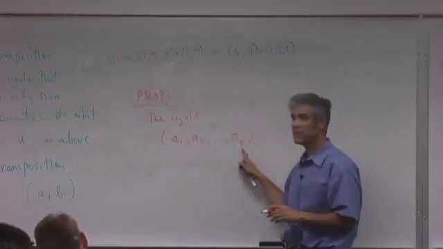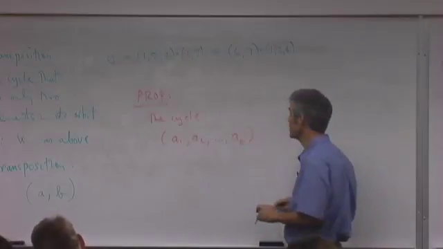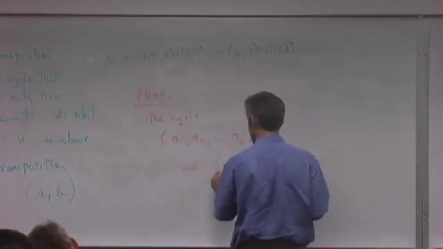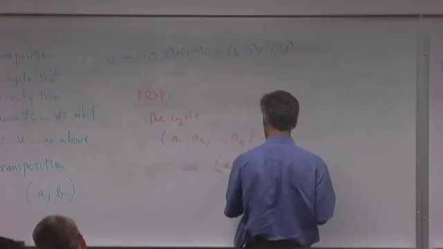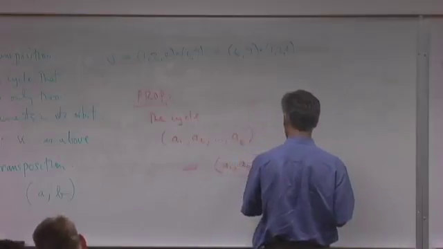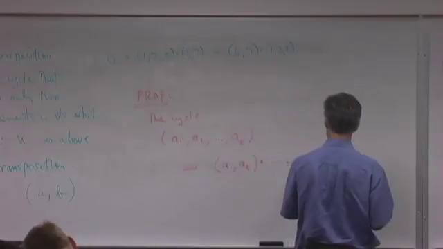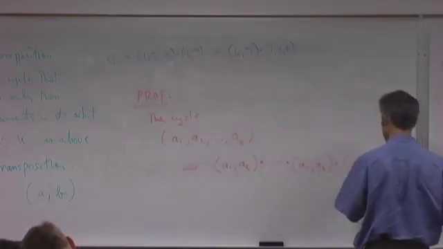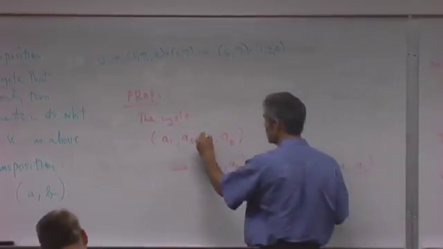I don't care how many things are in the cycle, 2 things, in other words, it's a transposition, 3 things, 4 things, etc., equals the following. Let me make sure I get this right. (A1, At) ∘ ... ∘ (A1, A3) ∘ (A1, A2). If you want, you can put another A3 in here or something.